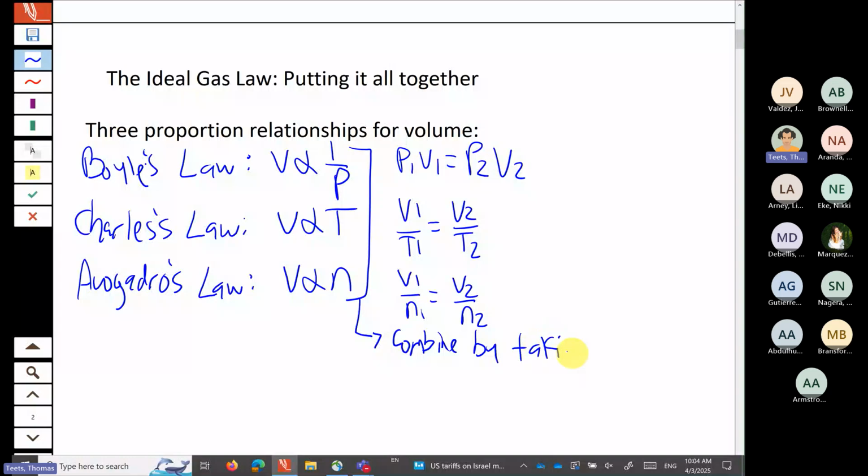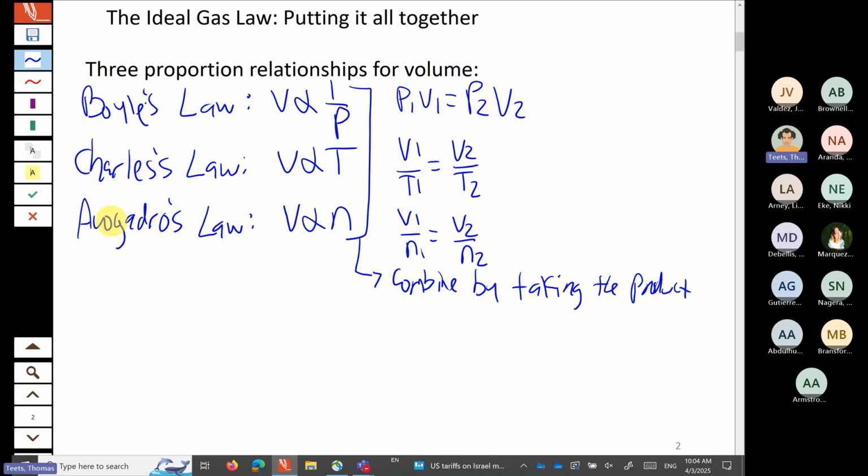Something we talked about a little bit in chapter 7 when we were introducing the equation for heat, which was Q equals MC delta T: if you have a parameter that's proportional to two or more different things, it will also be proportional to the product of those things. So in this case, volume is proportional to 1 over pressure, to the temperature, and to the number of moles. So volume would also be proportional to the product of those three things, 1 over P times T times N.